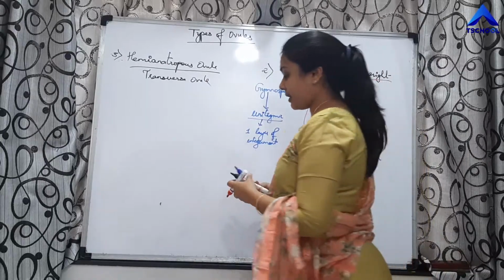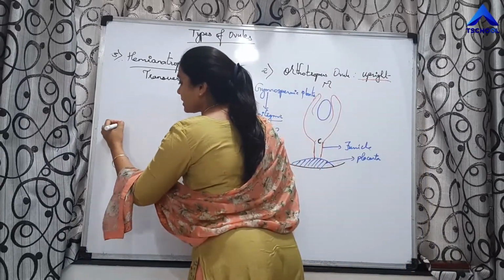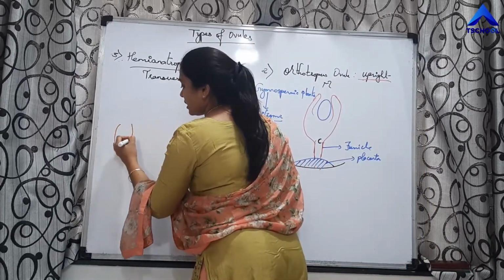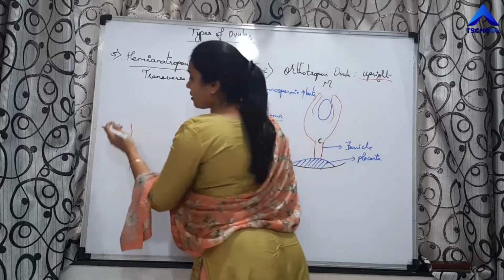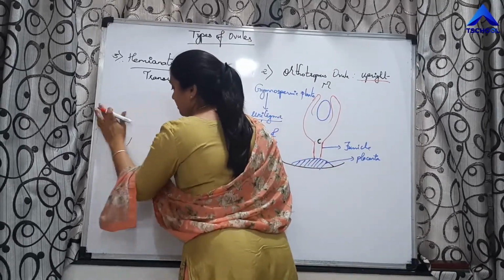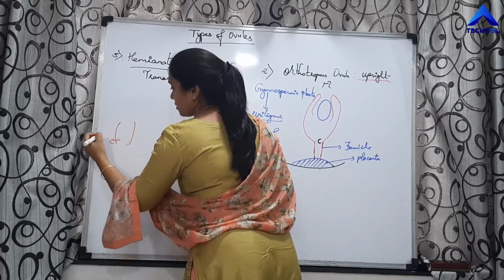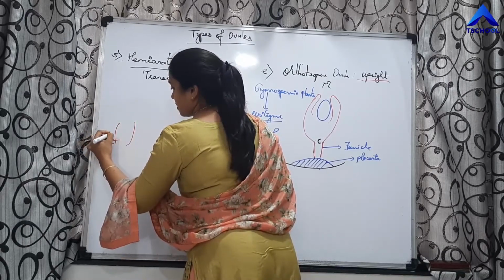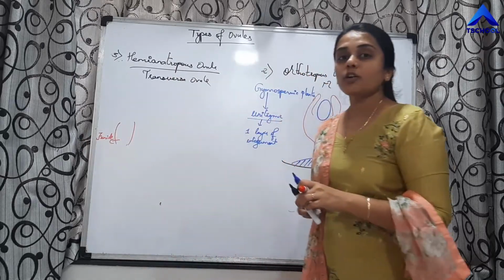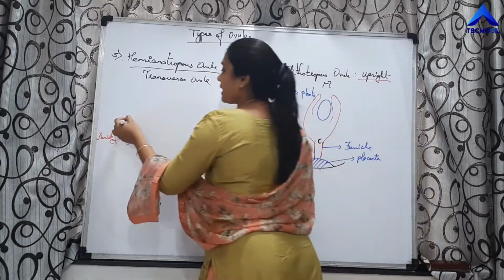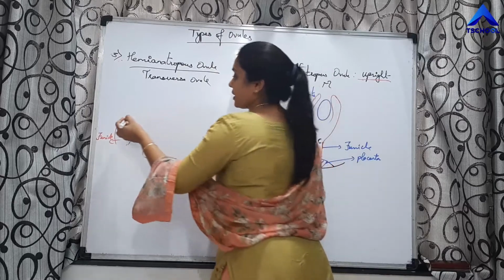How is the arrangement of it? We'll quickly see it. So this is the funicle, right? The stalk-like structure, that is funicle. And the body of the ovule lies at the right angle to the funicle, right?